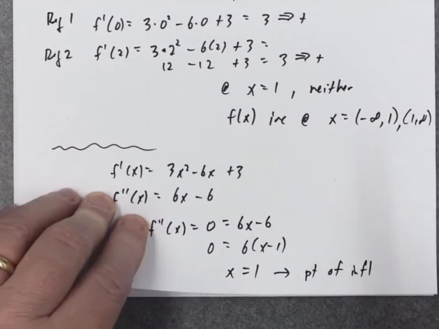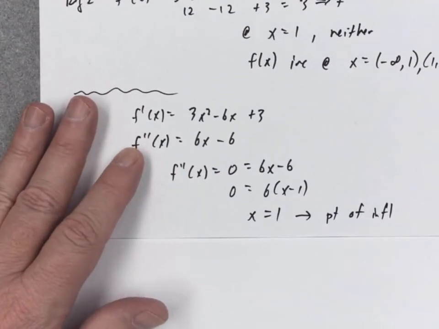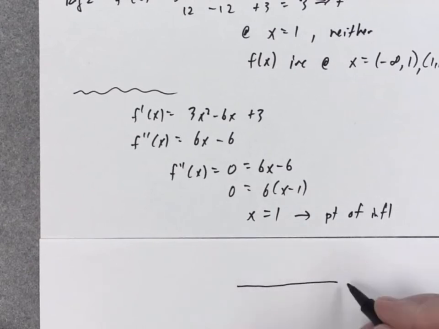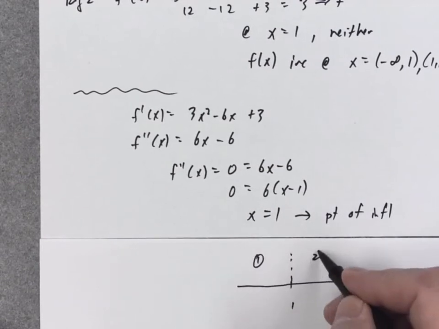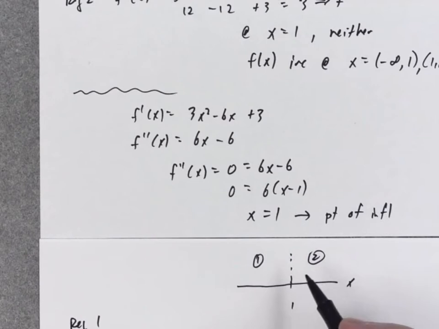So now that we have the point of inflection, we can determine where the function is concave up and concave down. And for that, we do our chart. I mark my point of inflection, which breaks it up into 2 regions. I'm going to go into each region and see what the second derivative is. Is it positive or negative?